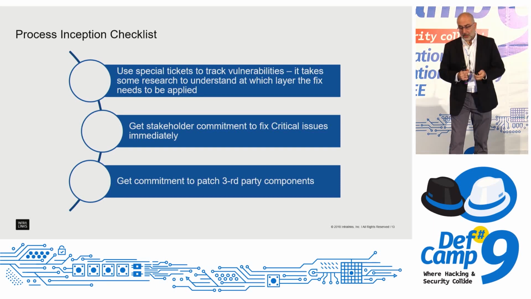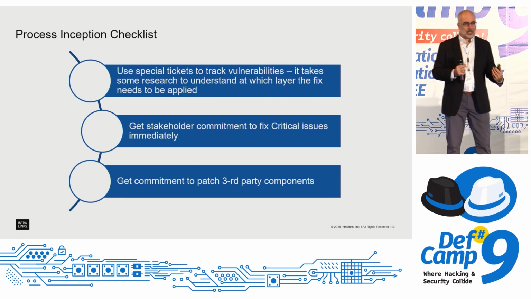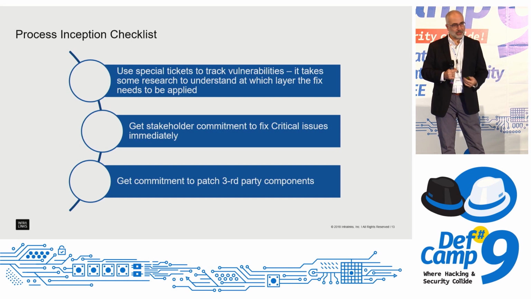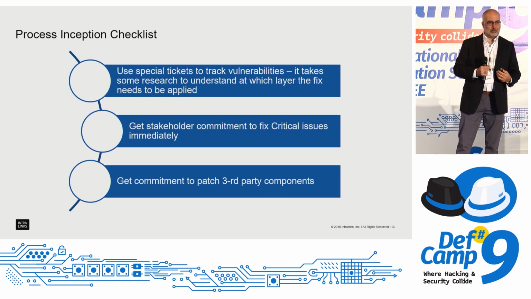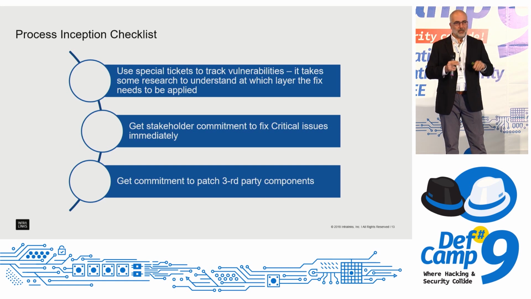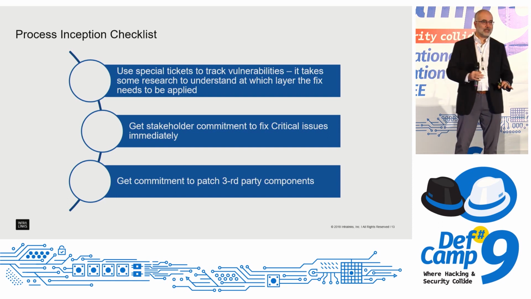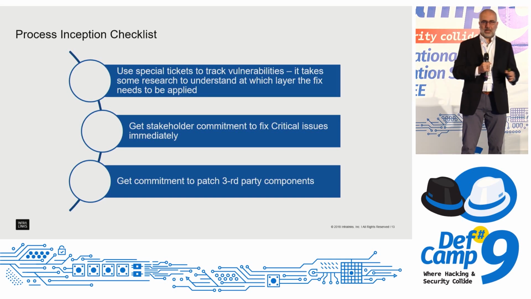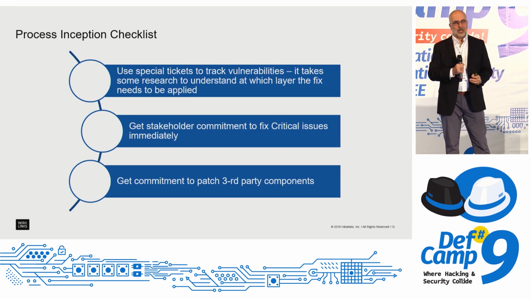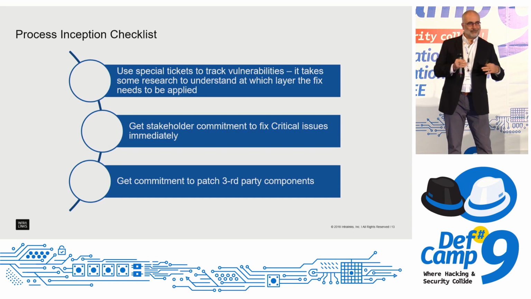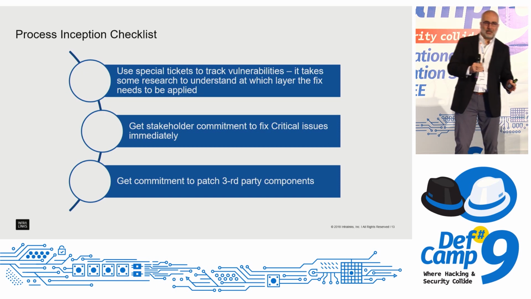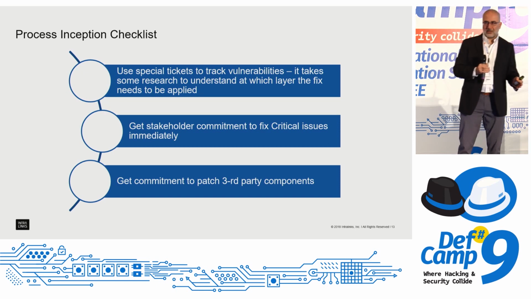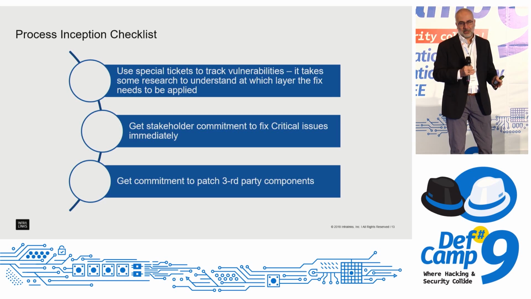Then another important thing is that get all stakeholders to understand and agree what is critical, and then give a complete commitment to fix them within a certain set amount of time. Set amount of time is important, what is critical is important. Because what sometimes happens in those situations, when you have 2,000 critical items, that means none of them will be fixed because there is no way to prioritize them.